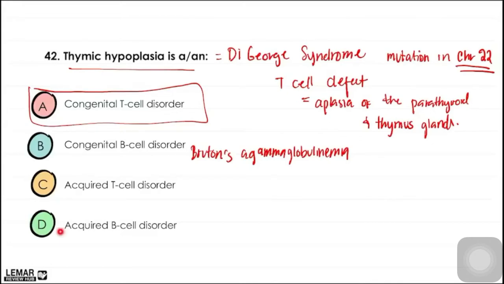For an acquired B cell disorder, multiple conditions can create it. For example, we have the autoimmune disorders and multiple myeloma, which are the common examples. Other acquired B cell deficiency can be related to conditions such as aging and the effect of various medications. So number 42, the answer is letter A, congenital T cell disorder.